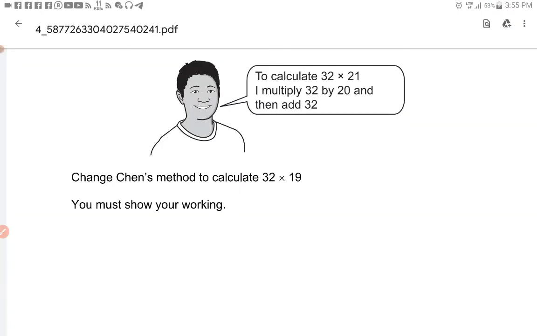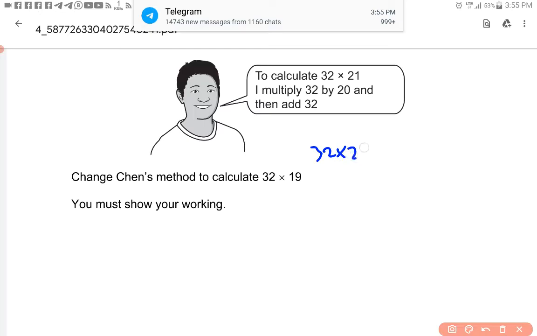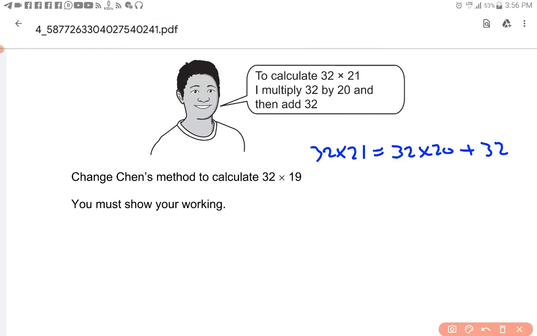Here I have Chance's answer. 32 times 21, by multiplying 32 times 20, then add 32 because 32 times 1 equals 32, and I know that 21 equals 20 plus 1. Now he wants to calculate 32 times 19.